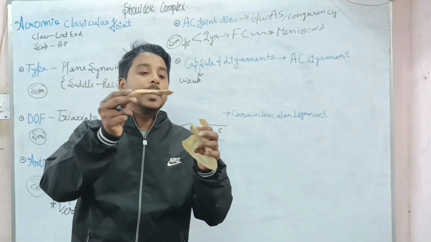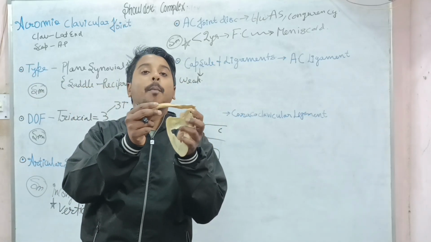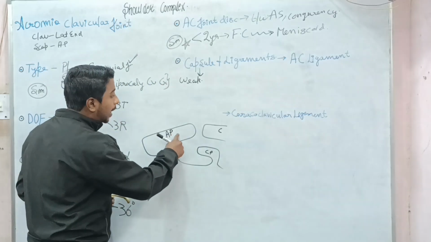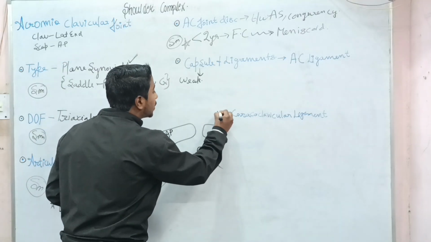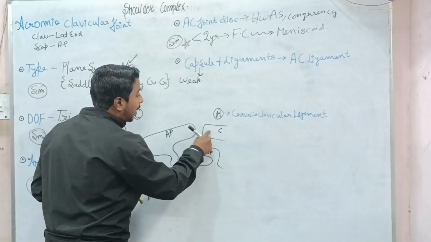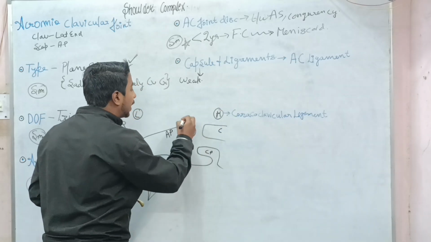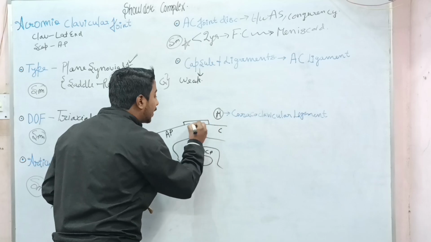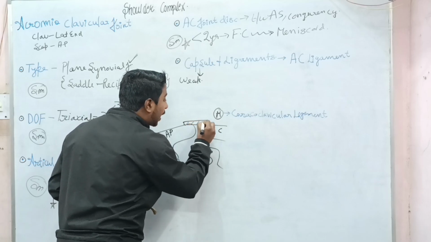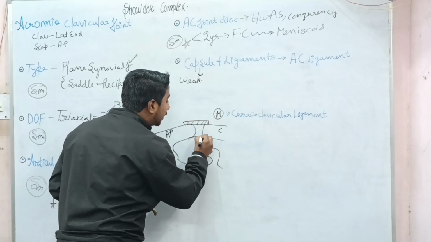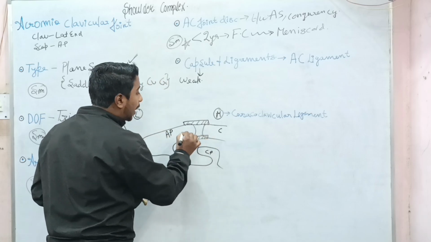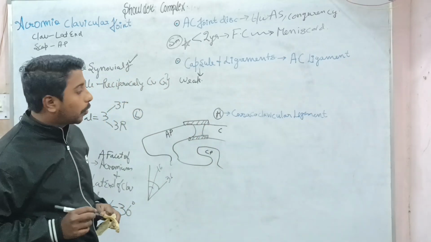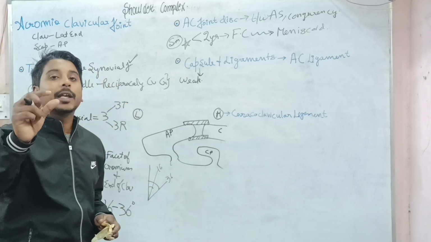The naming is the same. It is present between the acromion and clavicle. So this is the acromion, this is the clavicle. This one is the lateral side, this one is the medial side. So it will definitely connect the acromion and clavicle. So this one is the superior acromioclavicular ligament, and this one is the inferior acromioclavicular ligament. Okay, this I am drawing just to make you understand.